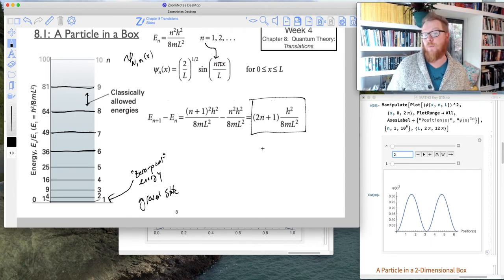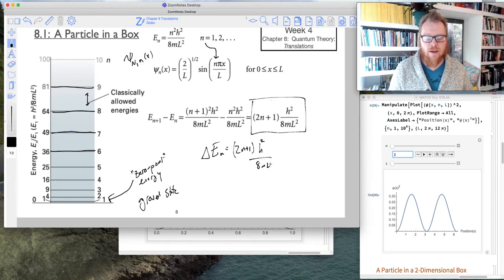And so I want to point out a couple things. So here I'll write delta En equals 2n plus 1 times, I wanted to write h bar, but that's just regular h squared over 8mL squared. So what happens as n goes to huge quantum numbers, okay?